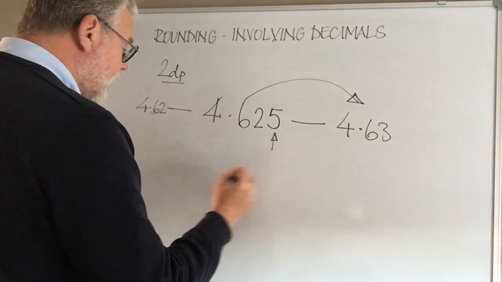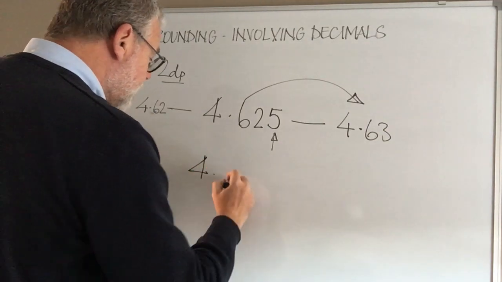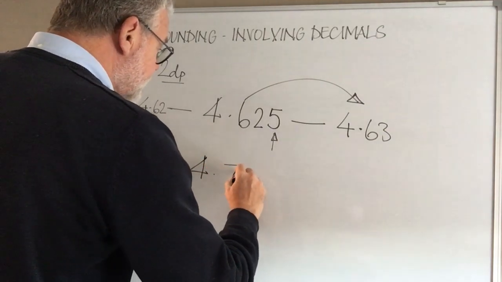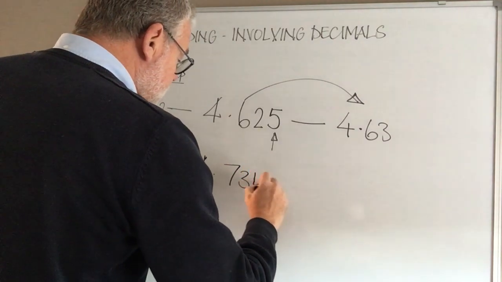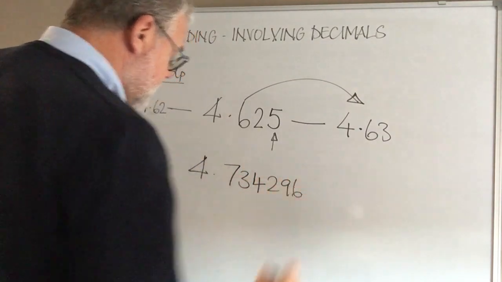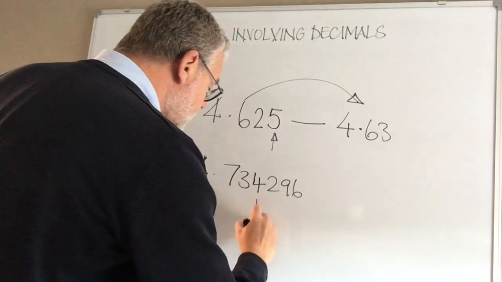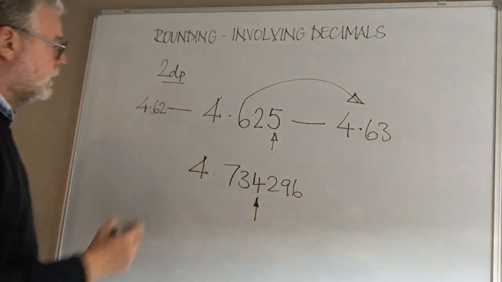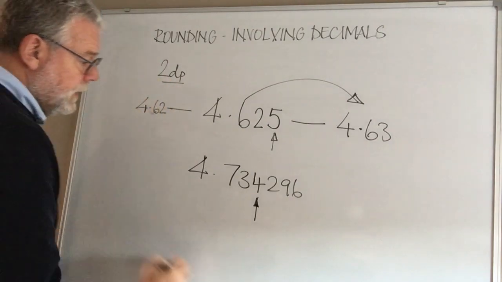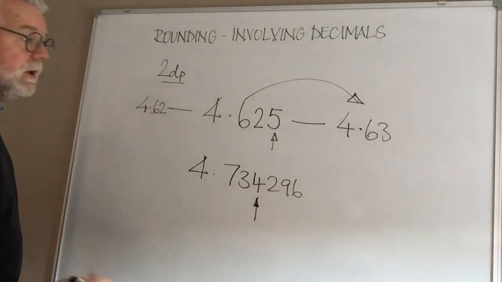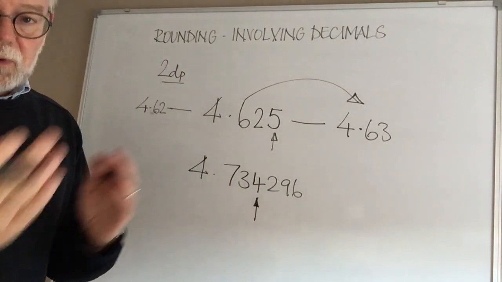Even if it's a bigger number, so 4.734296 to 2 decimal places, all we've got to do is remember we look at the 3rd column. So it's quite interesting. 2 decimal places, we look at the 3rd column. When we were doing 1 decimal place, we looked at the 2nd column.